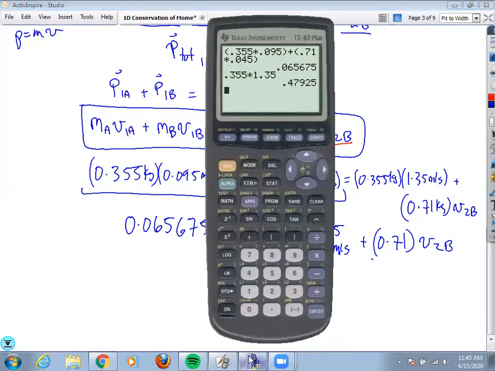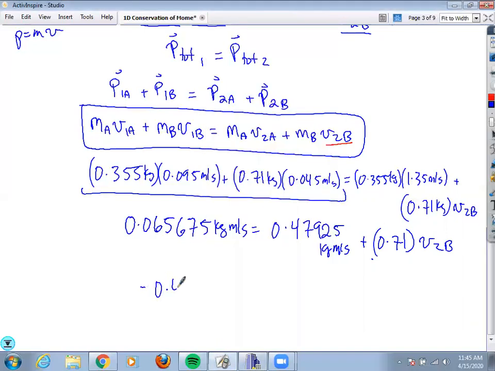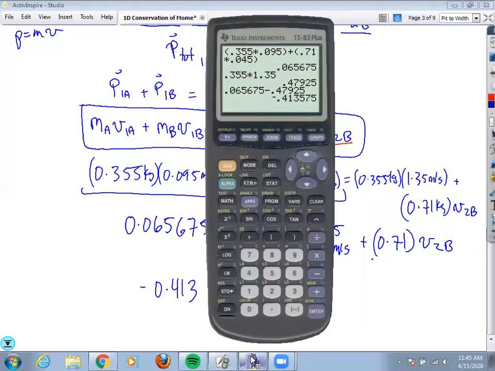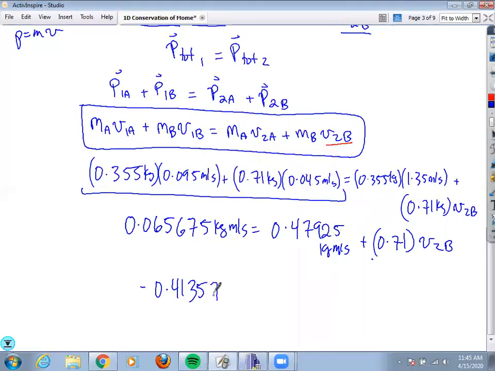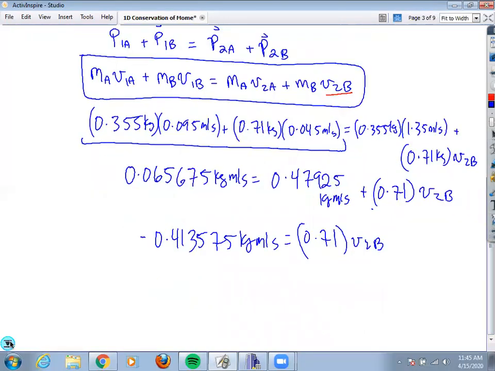We'll take 0.065675 and subtract 0.47925. And we're going to get a negative number. That's okay, it just means direction. So negative 0.413575 kilogram meters per second equals 0.71 times v2B. And now we can divide that out.